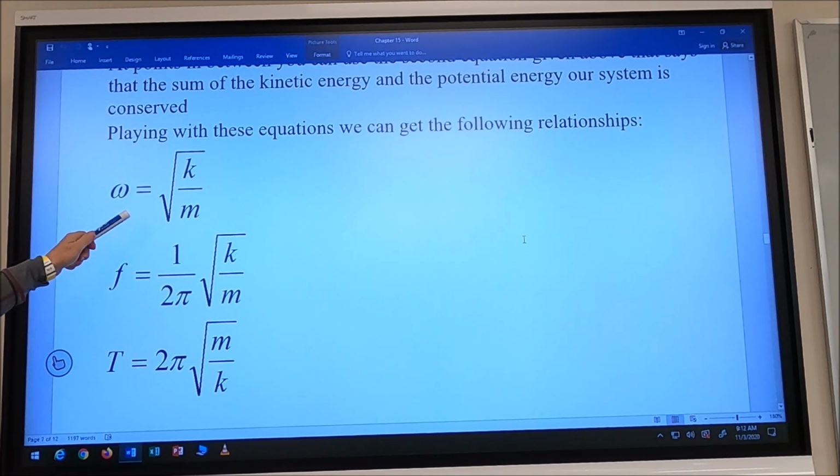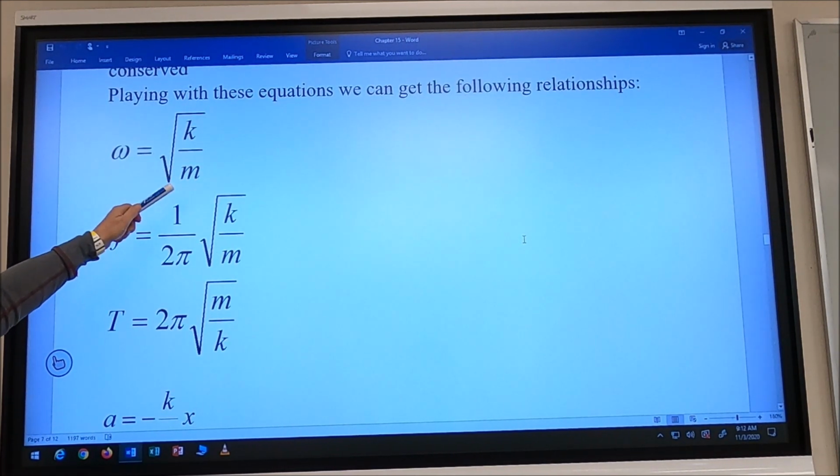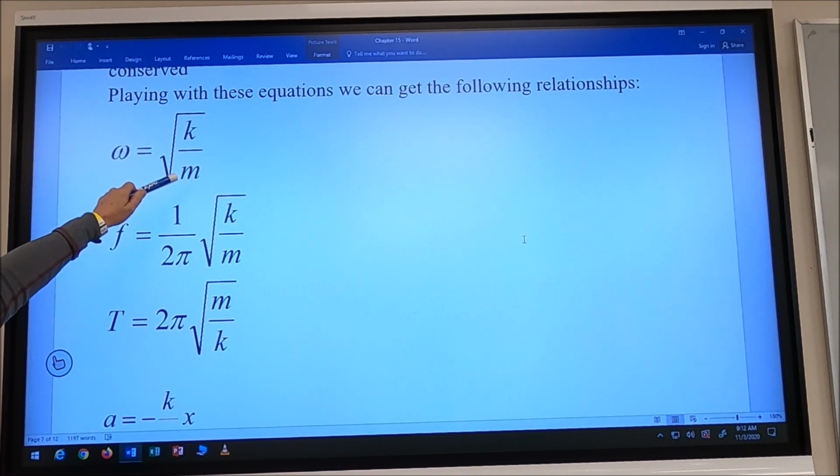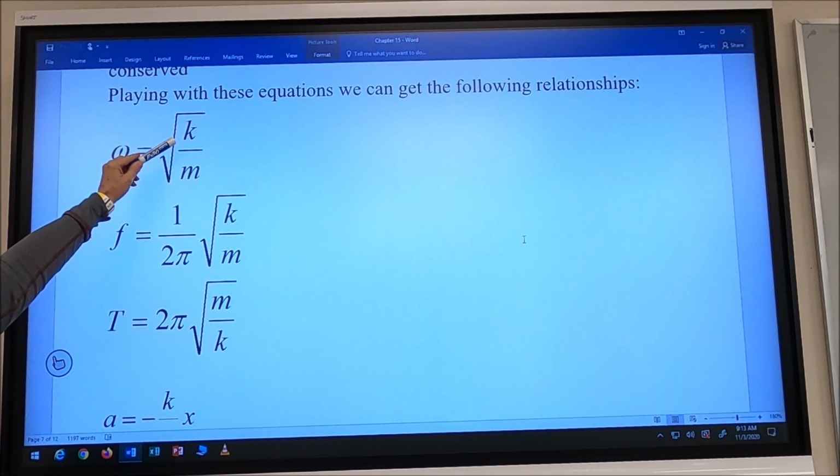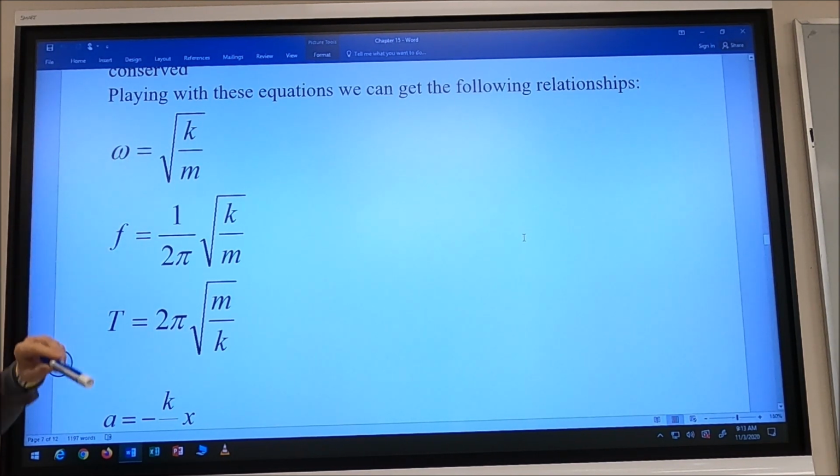Namely, omega turns out to be the square root of k over m, the spring constant over the mass. So notice the larger the mass, the smaller the angular frequency. And the smaller k, the smaller the angular frequency.